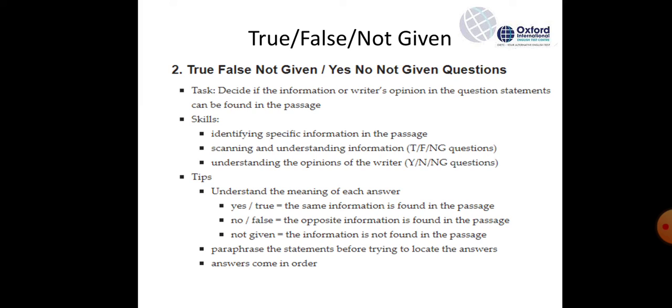The next type of questions are called true, false or not given questions. Not given will be there, it will not be given. So what is true? A statement will be given, and if it is there in the reading material and if it matches with the reading material's subject, then you can say it is true.